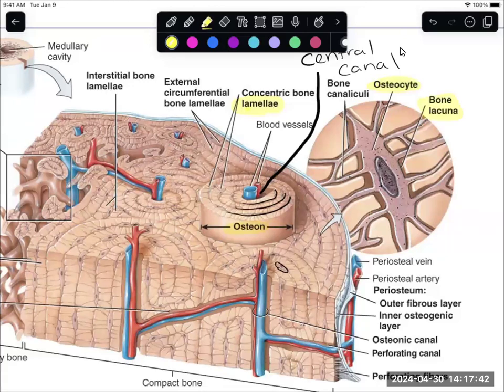We have several canaliculi, these little canals that go through here. These canals are where our osteocytes, which have these little processes that come out, communicate with each other, and this is also where they get rid of waste products. These canaliculi specifically.